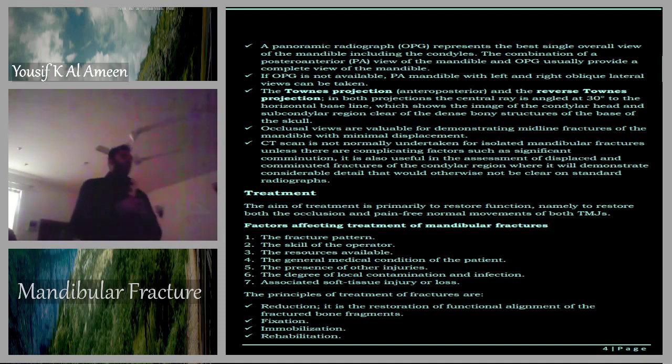The principles of treatment of the fractures are, first, reduction, which is the restoration of the functional alignment of the fractured bone fragments.